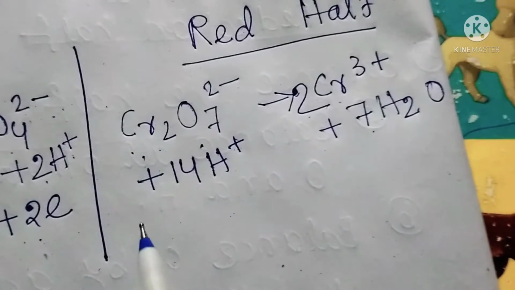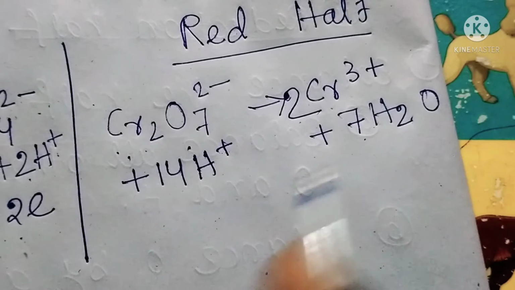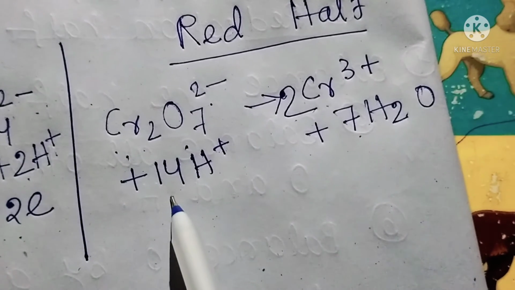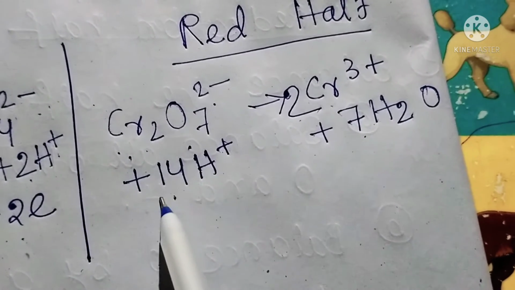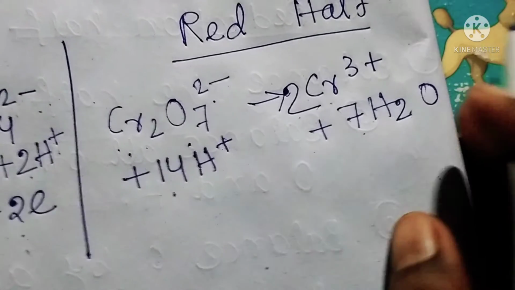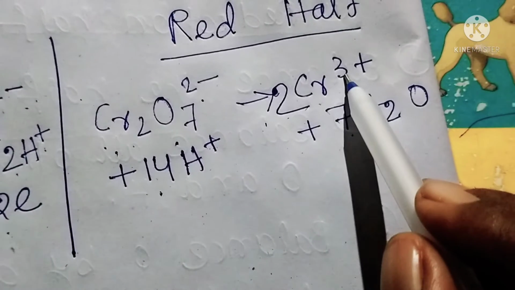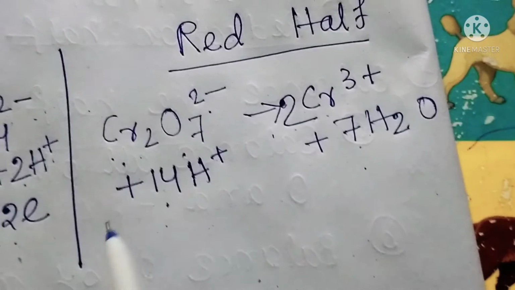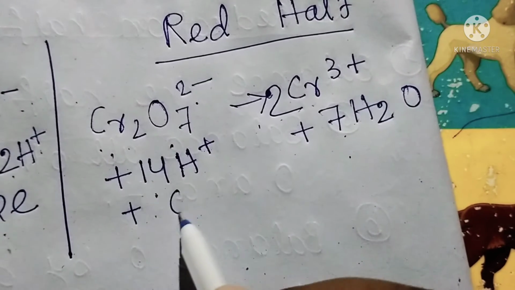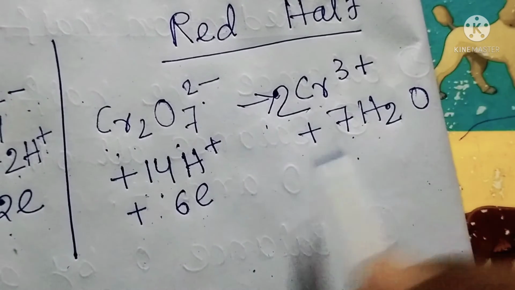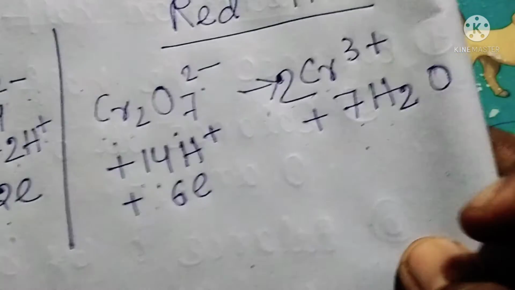Now balance the charge. Here 2 minus and 14 plus makes 12 plus, and here 2 times 3 is 6 plus. If we add 6 electrons, then here will be 6 plus and here 6 plus. So the equation is balanced.